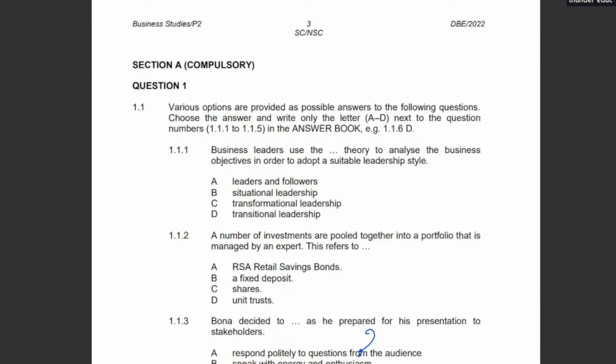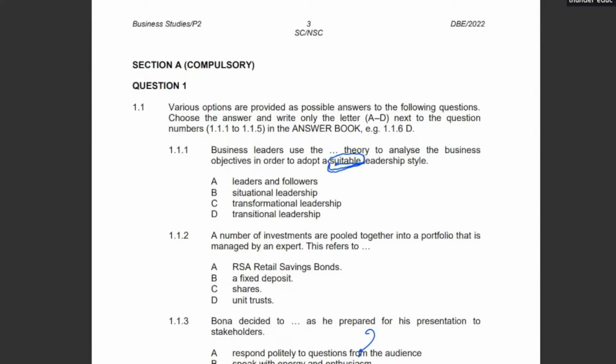Okay, right. So 1.1.1, business leaders use the dash theory to analyze the business objectives in order to adapt to a suitable leadership style. So now, because of the word suitable, it means that this involves different situations.